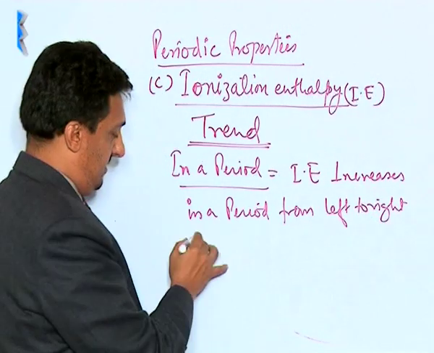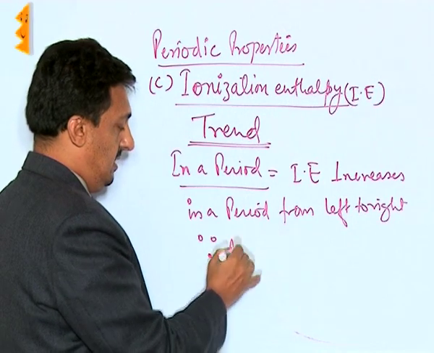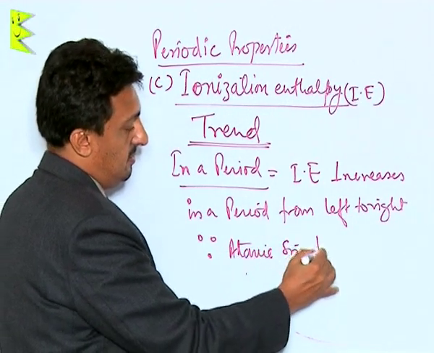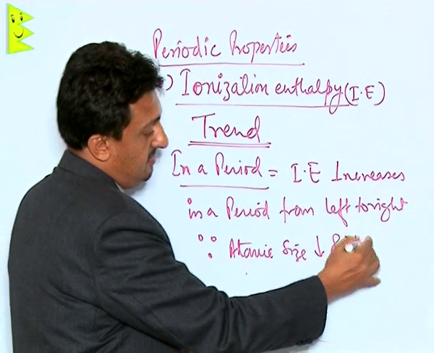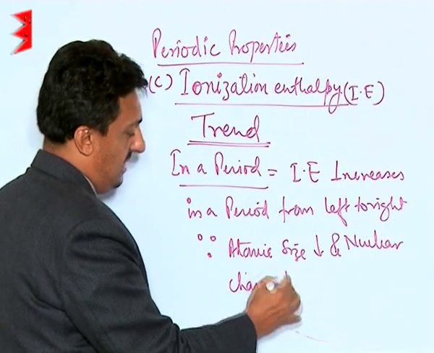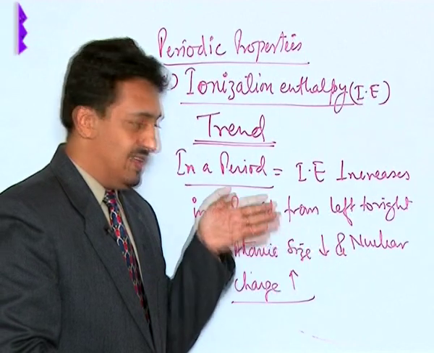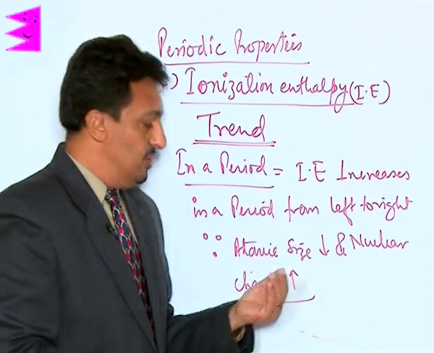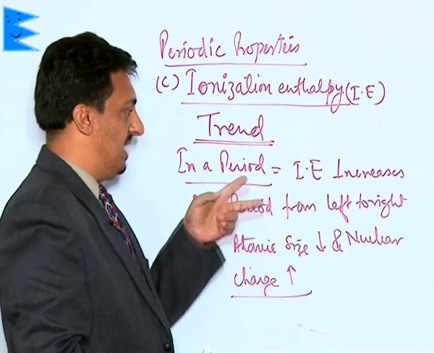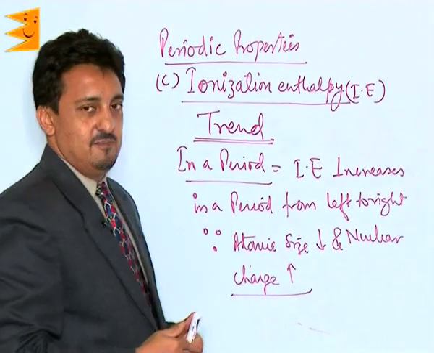It increases because the atomic size decreases and nuclear charge increases. As the atomic size is decreasing, the nuclear charge is increasing. Both are the factors which make the ionization energy increase from left to right in a period.